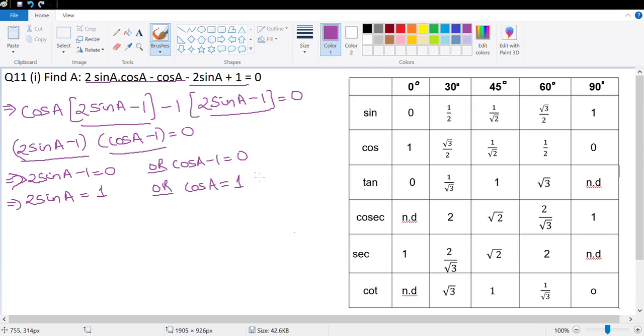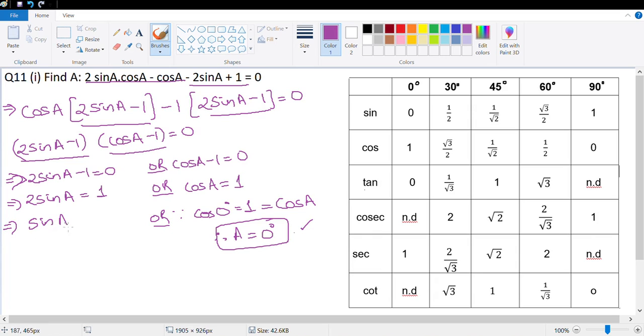This part is simple since cos 0 degree is equal to 1, which is given equal to cos A, therefore A is equal to 0 degree. So that's one part of A done. Let's look at the first part, this means sine A is equal to 1 upon 2.